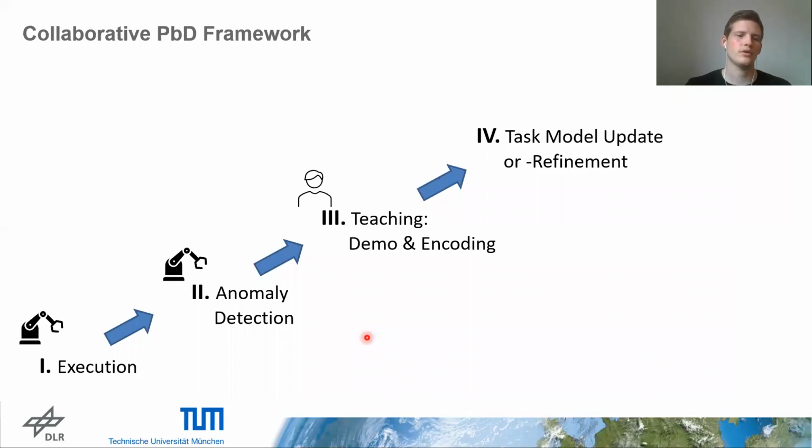But in our approach, during the execution of a robotic task, the robot automatically detects anomalies or new situations and then collaborates with the user in order to solve these new situations. This will then update our task model or refine currently existing skills.